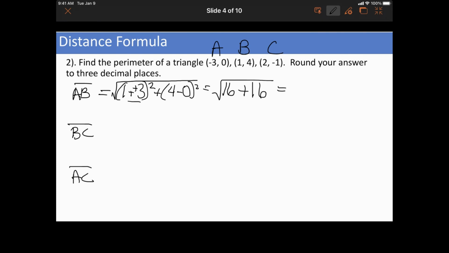So that is going to be root 32. I can see that's 16 times 2, so that is 4 root 2. Okay, so that's one of them. I'm going to round later. Now BC.